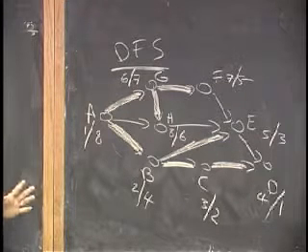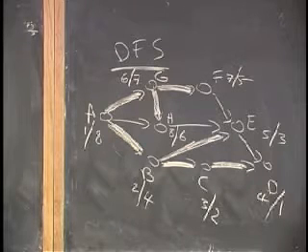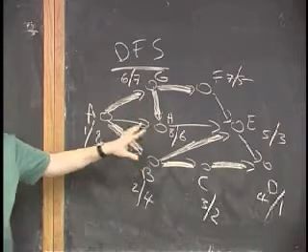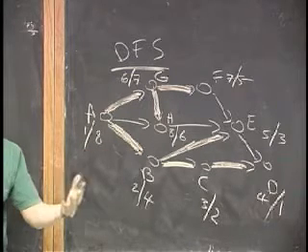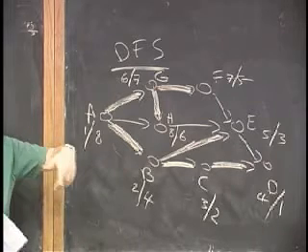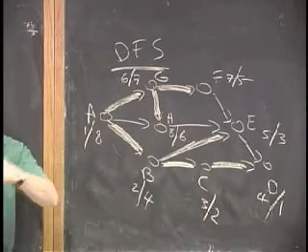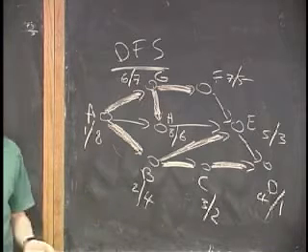Now, it's terminology that is helpful because the book will talk about it, but I should just say one thing. When you're talking about a graph without directions on the edges, then there's only two kinds of edges: tree edges and back edges. There's no forward edges, there's no cross edges, because there's no direction. So either you got a tree edge or you got a non-tree edge, which is called a back edge.